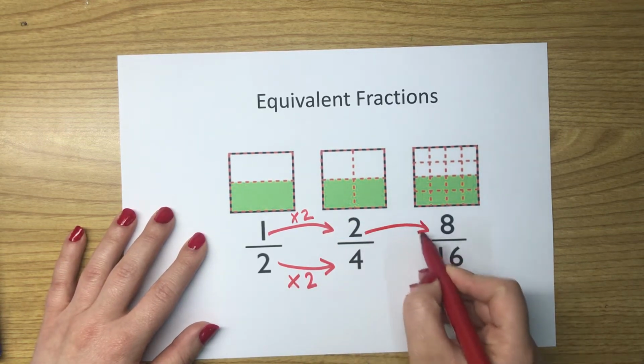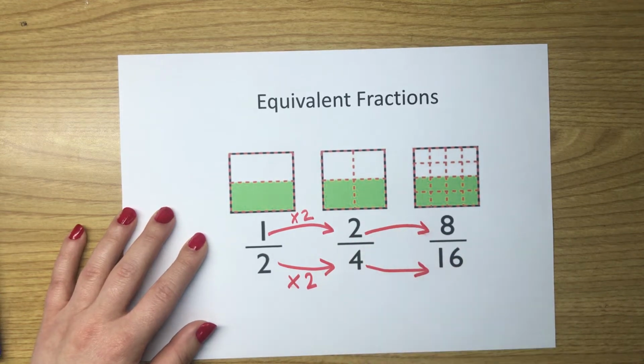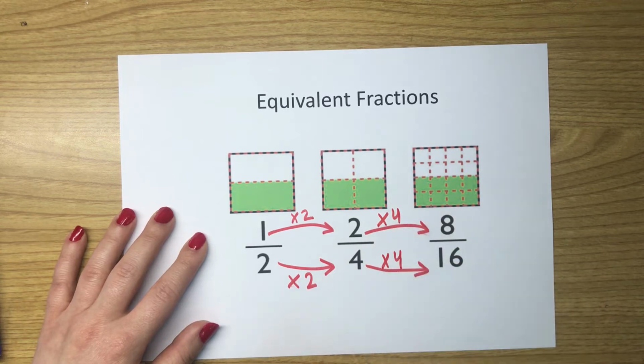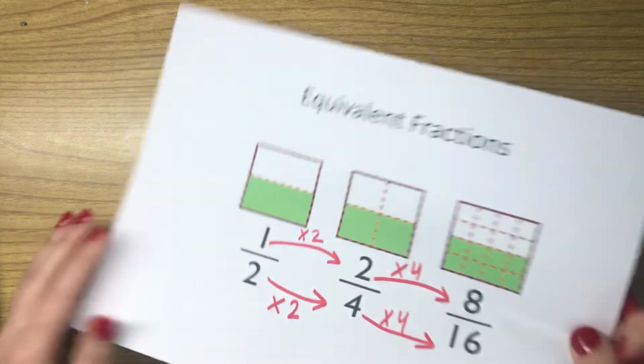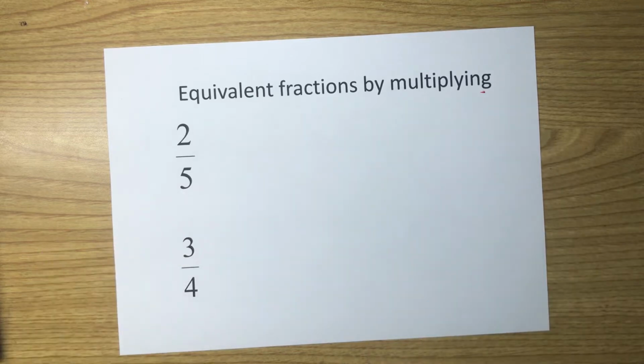How to change 2 into 8 and 4 into 16? It is by multiplying by 4. So 2 times 4 equals 8, 4 times 4 equals 16. So, I'm going to give you examples without using diagrams to find the equivalent fractions by multiplying.